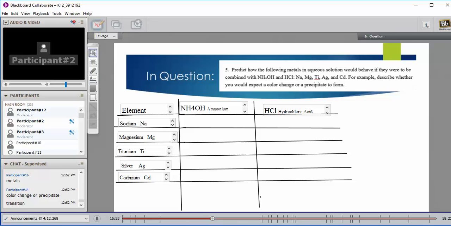Let's waterfall it. And I need to see 100% participation. There's 20 of you in here. We need to see 20 people.